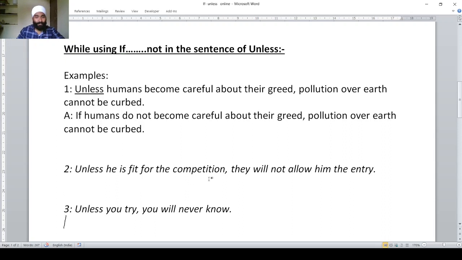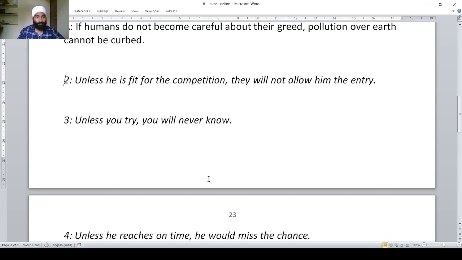Unless he is fit for the competition, they will not allow him the entry. See, the difference in this sentence is that it is a static sentence. Here action is not there, but the state of being is there. State of being fit. This is why is acts as the main verb here. And here we don't need do, does or did.